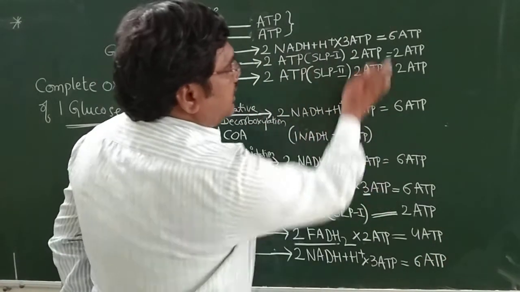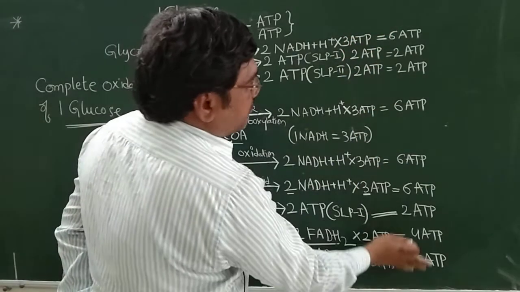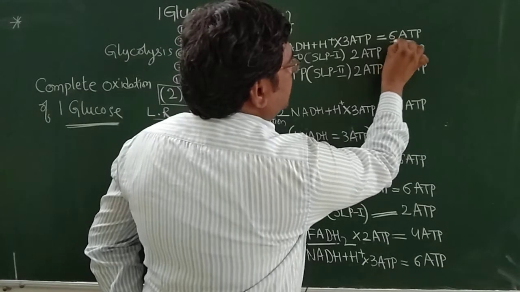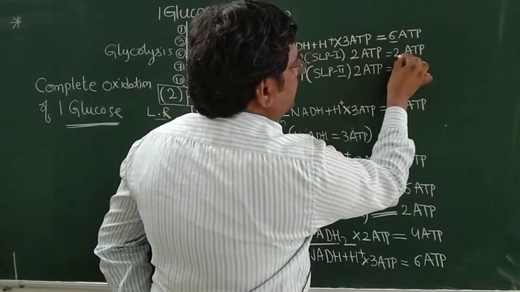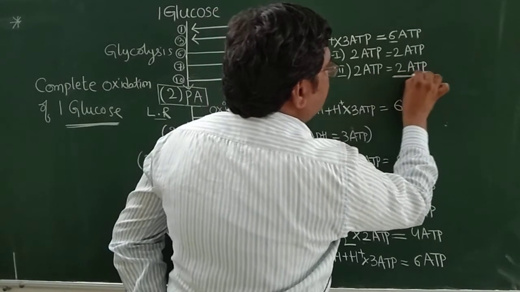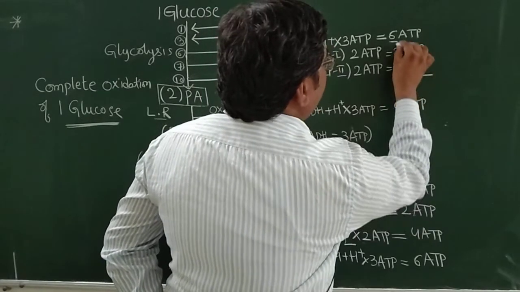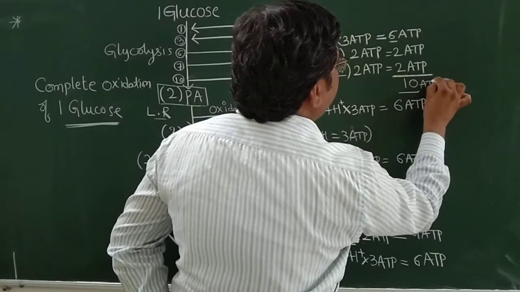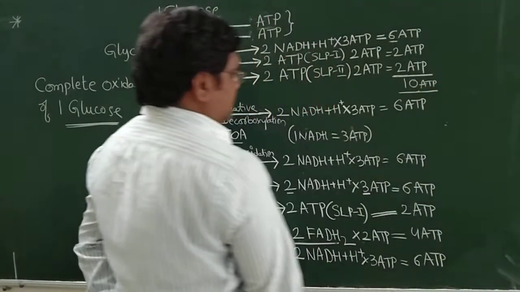So then calculate the total ATP molecules. Here 6 ATPs, 6 plus 2, 8, 8 plus 2, 10. 10 ATPs are produced during glycolysis.